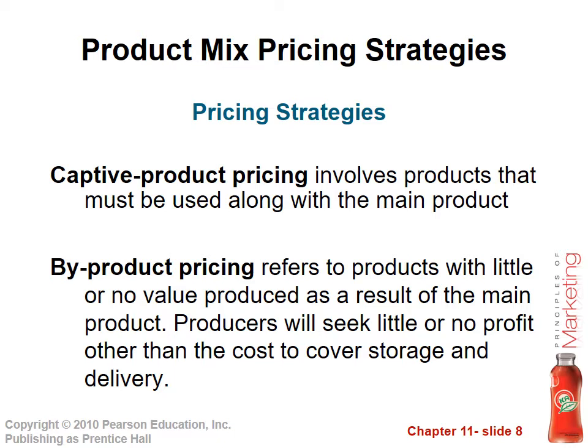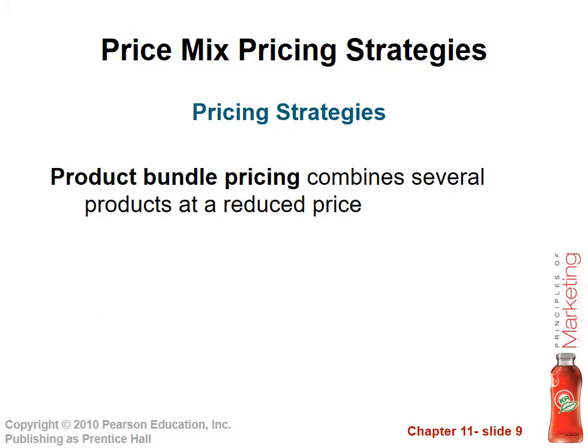That is byproduct pricing. So you do not really focus on getting profit from that excess product, but you usually also spend on storage and delivery to send it to the other seller who would like to use that excess product.